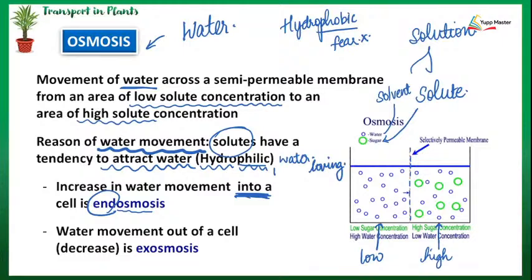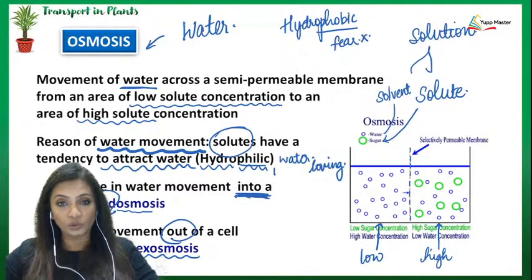But if conditions are such that water is being made to move outside the cell, then that type of osmosis is what we're going to be calling as exosmosis. Okay, so water movement outside the cell is called as exosmosis.